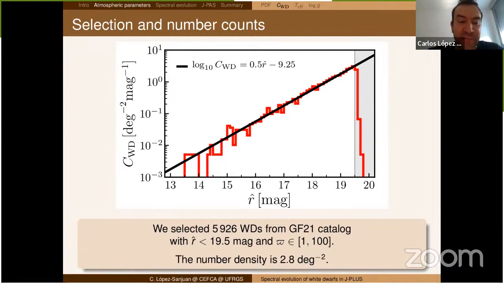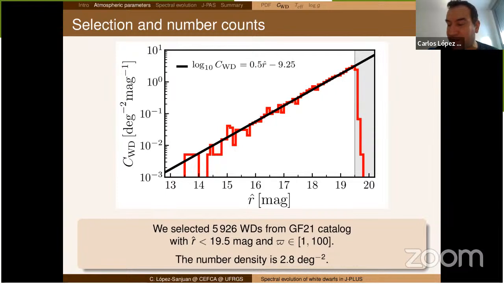So in the figure, you see the number counts. This is the number of white dwarfs of a given magnitude per square degree and magnitude, and you see that we have the typical exponential increase from magnitude 13 to magnitude 19.5, that is our selection limit. And basically, we have like 3 white dwarfs per square degree.